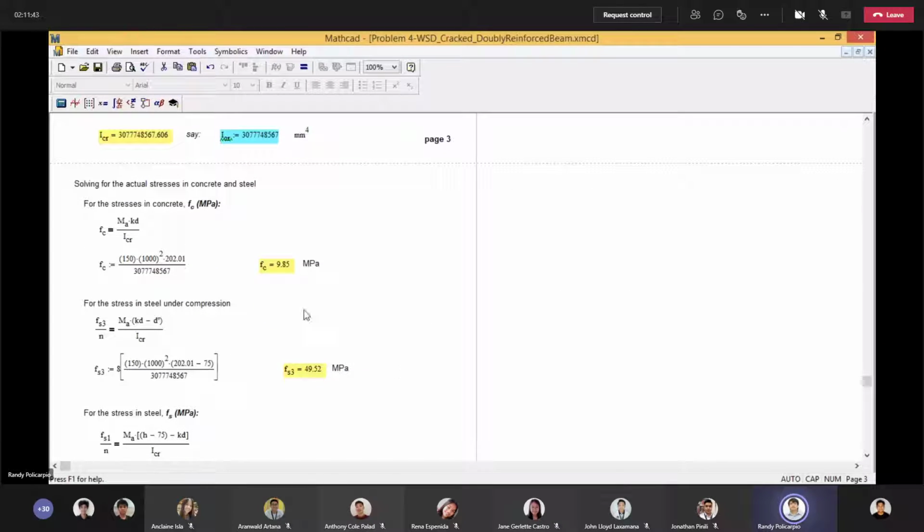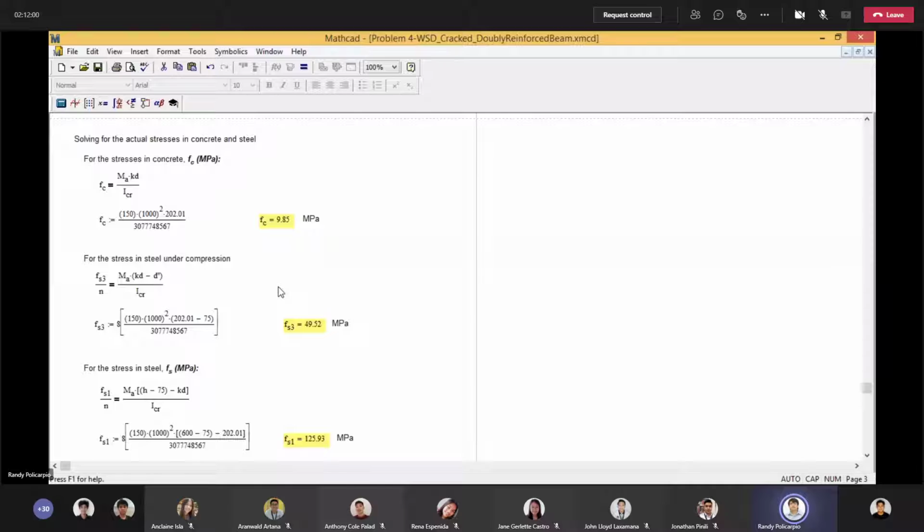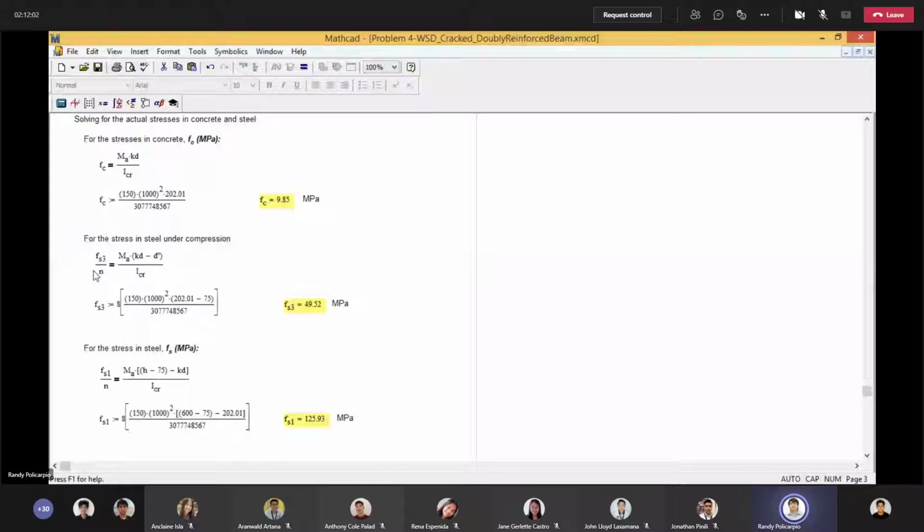And then we have now stresses. Now once you have your ICR, your location for your neutral axis, you may solve now for FC. So ito ngayon yung result. For the compression reinforcement, the stress is equal to 49.42.